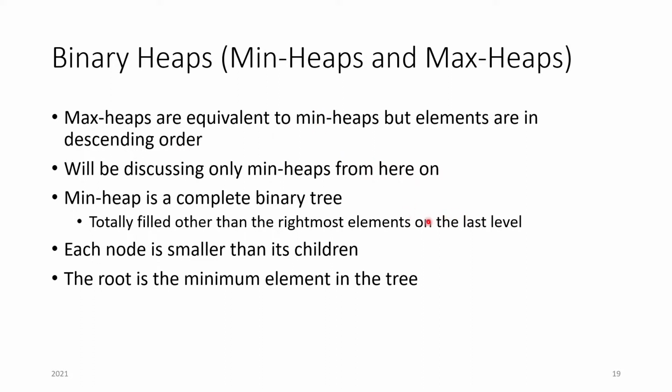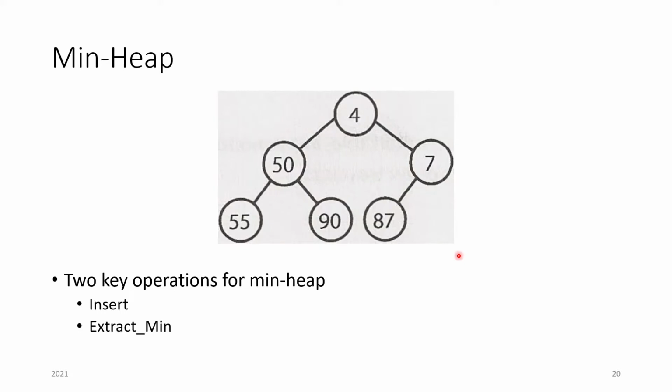So a minimum heap will basically be a complete binary tree that we're going to be observing, where each node is always going to be smaller than its children. As a result, the root node will be the minimum element possible within the entire tree. A nice example of this: if we watch all the children nodes going from the children up to the roots, you see that it's going to be 55, then 90, and 87.